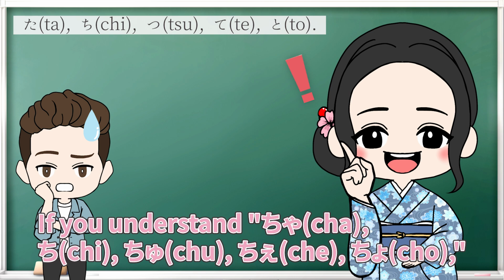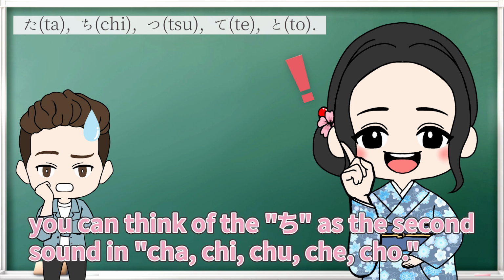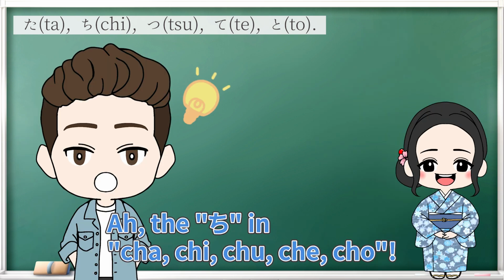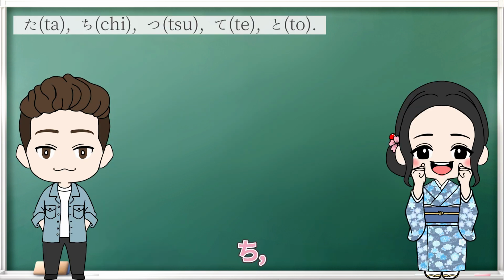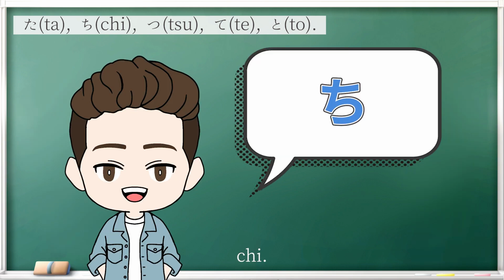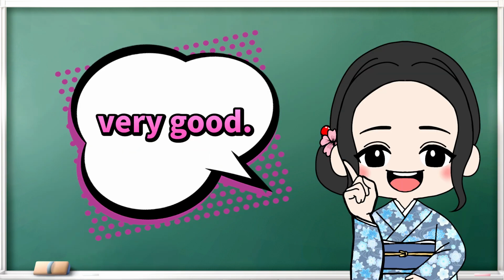If you understand cha, chi, chu, che, cho, you can think of the chi as the second sound in cha, chi, chu, che, cho. The chi in cha, chi, chu, che, cho. I'll try. Please pronounce it. Chi, chi. Yes, very good.